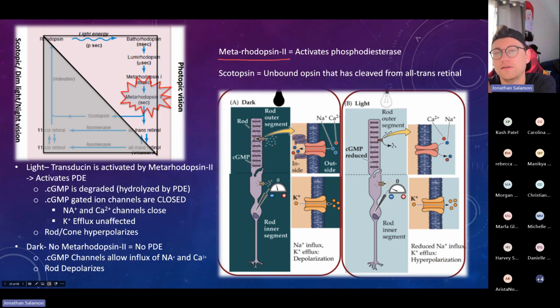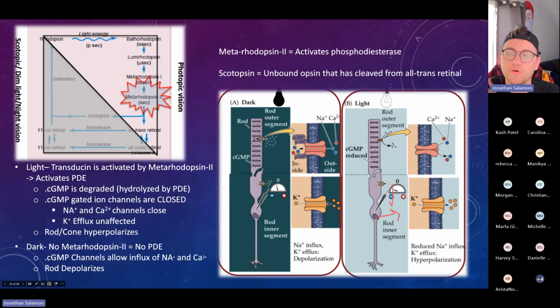you have metarhodopsin, right? Metarhodopsin activates transducin, which activates phosphodiesterase, which inhibits cyclic GMP, which cancels out these channels, right? So now you no longer have calcium or sodium flowing into the cells, but you still have potassium leaving.